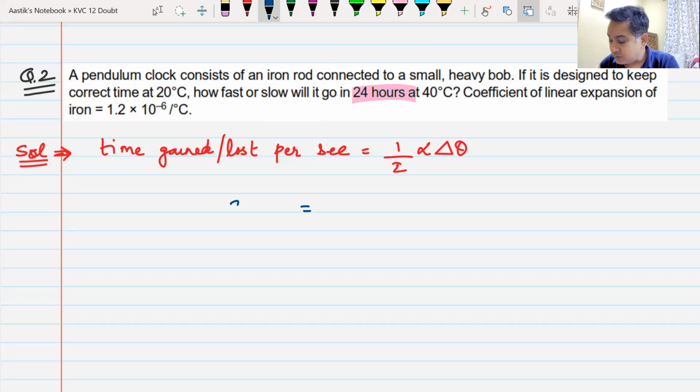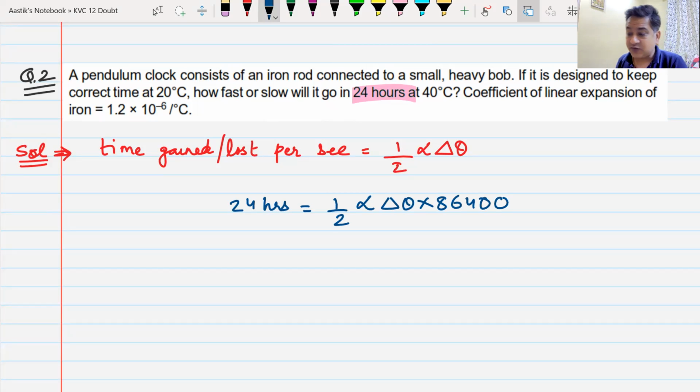So time gain or time lost in 24 hours would be half alpha delta theta multiplied by the number of seconds in 24 hours. I think you should remember it as 86,400. Just a case of multiplication. If you can multiply them correctly, you will end up with the answer.